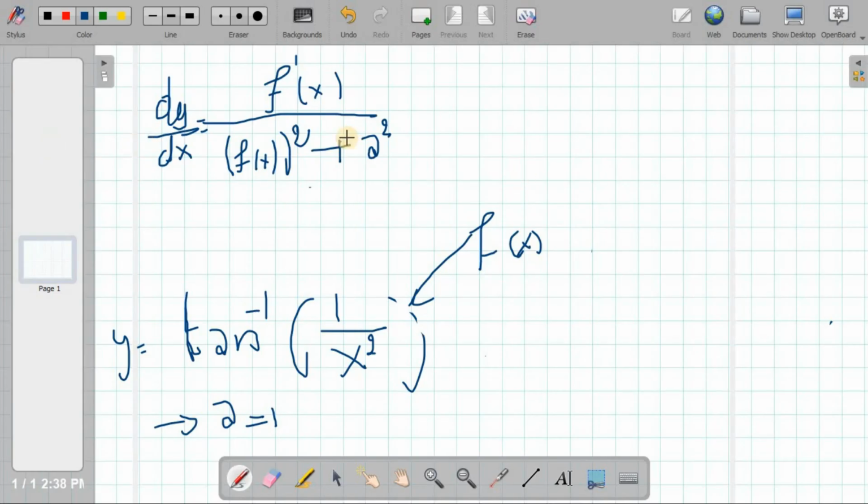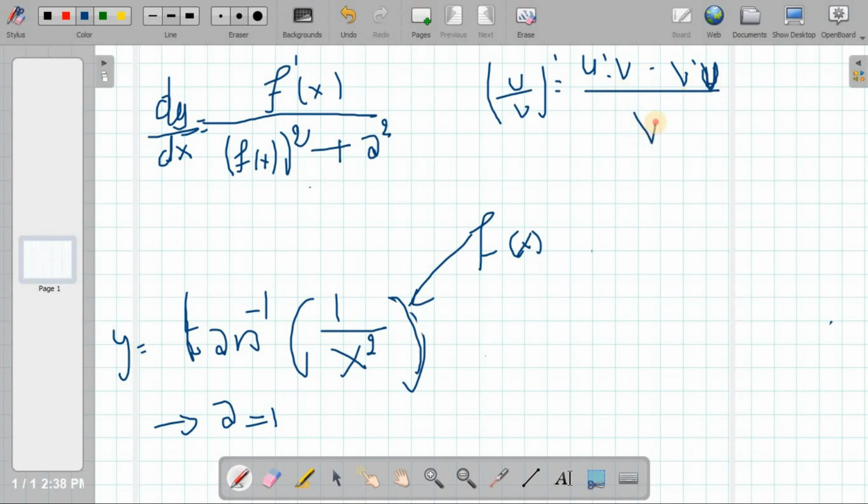So now we have f(x), which is this one. We must find f prime x. You can say this function is of the type 1 over x squared, which is u over v, and the derivative is u prime times v minus v prime times u, over v squared.